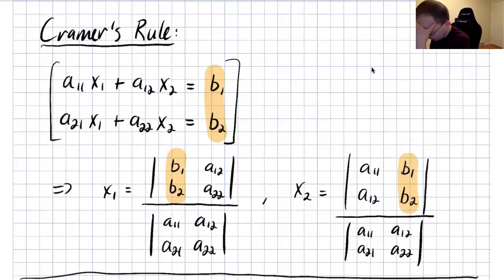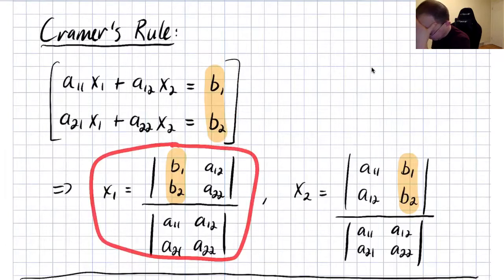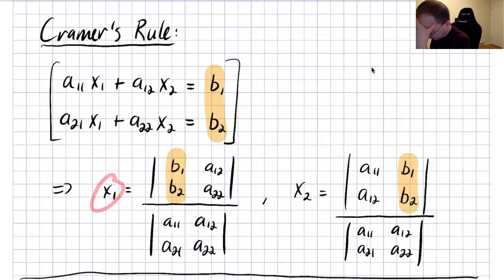We actually have a formula. x1 is equal to a ratio of determinants. First, we take the determinant of the coefficient matrix, and that goes in the denominator. In the numerator, we also take a determinant, but we replace the first column with the right-hand side, b1, b2. And that gives us x1.